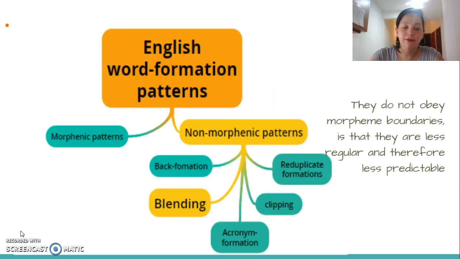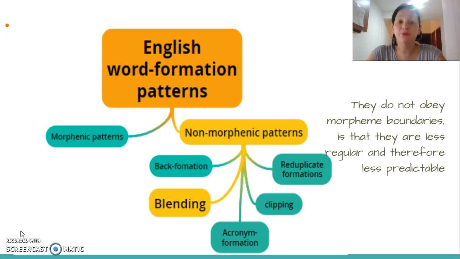But first, I'm going to show you the relation between word formation and blending. As you can see on this screen, the most common way of classifying the formation patterns in English is into morphemic patterns and non-morphemic patterns.